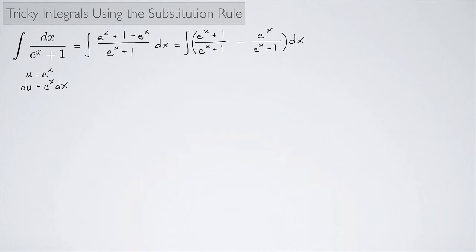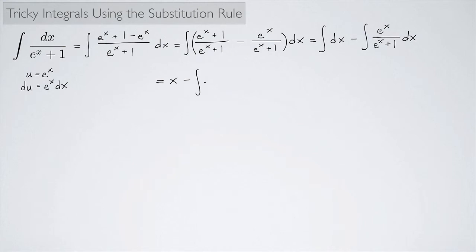And this now will have an e to the x dx on top, which is great for using this u substitution. So this is really the integral of dx minus the integral of e to the x over e to the x plus 1 dx. Great. So now this first integral here, that's easy, that's just going to be x minus, and now this integral here, I can use this substitution. So let's do that.